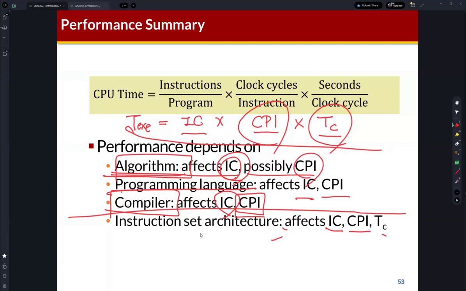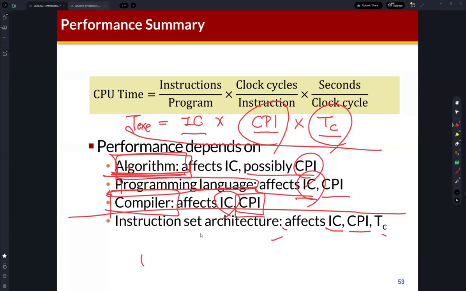Think about the algorithm. The algorithm affects instruction count. Well, let's just ignore algorithm. For example, the programming language also influences instruction count. What does that mean?